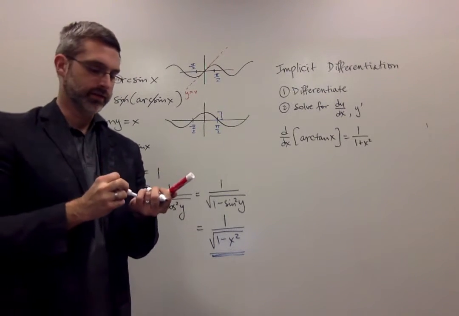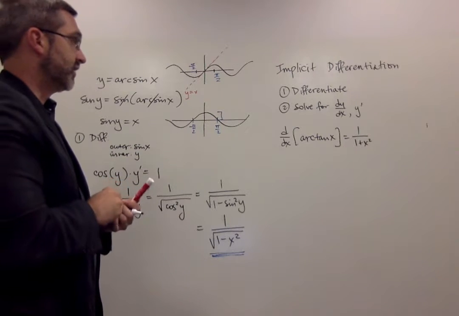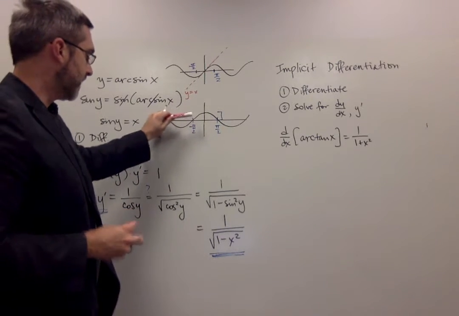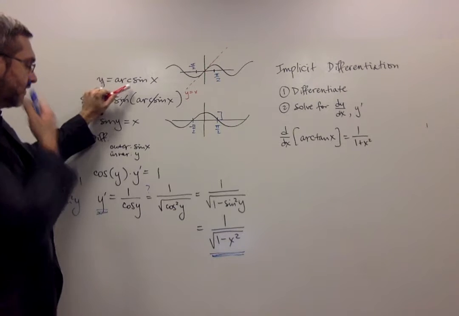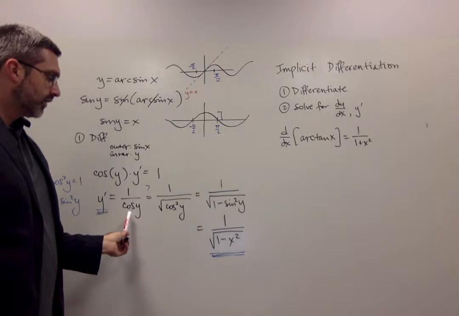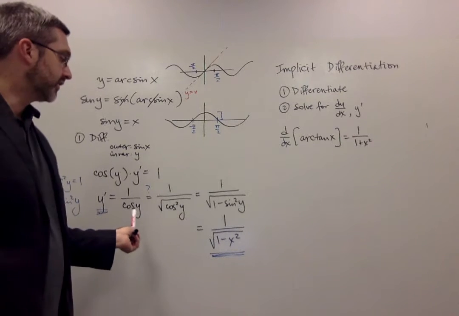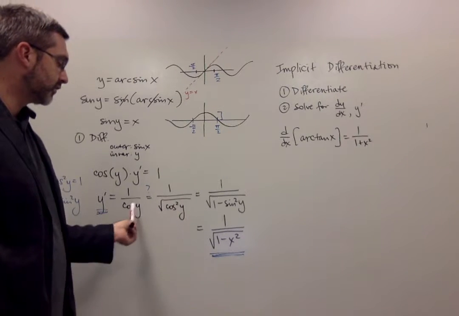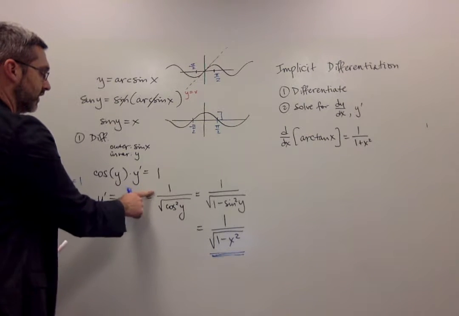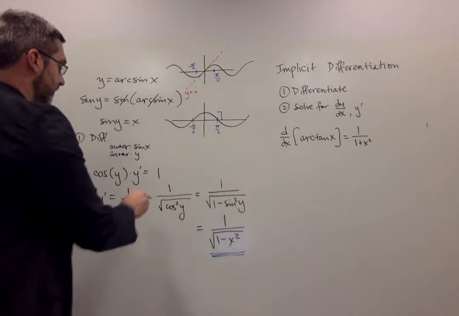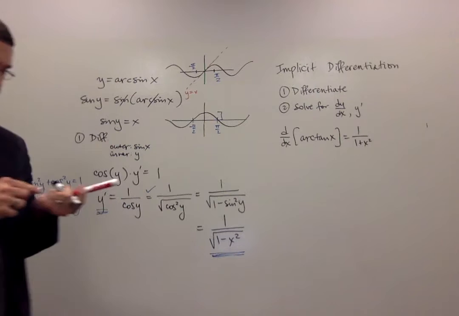That's a different issue, but because it's 0 there. But the cosine function is positive here. So if we're dealing with the arcsine function, the corresponding cosine function is always positive. So I can square it and take the square root, and I get the same thing here. So this really is an okay step for me to do.